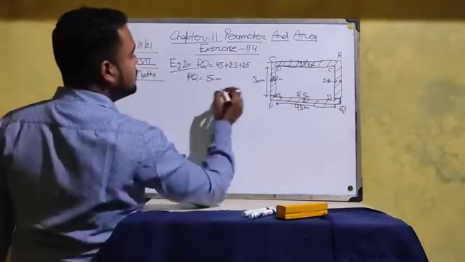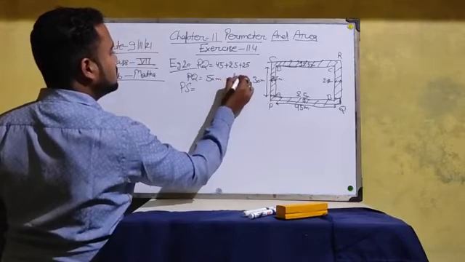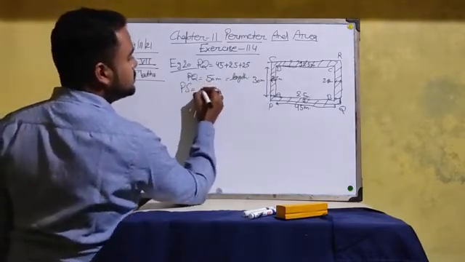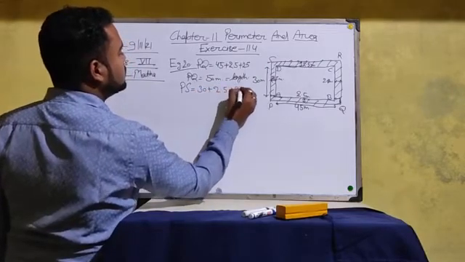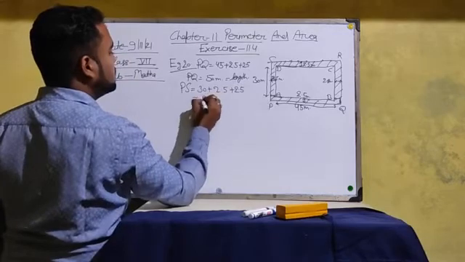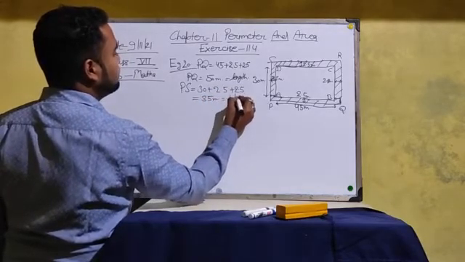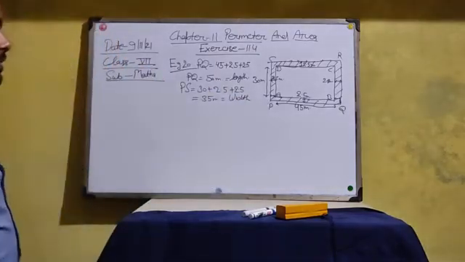What is the value of PS? This is the total width, and PS is equal to 30 plus 2.5 plus 2.5, that is 35 meter. This is the width of the total rectangular park.